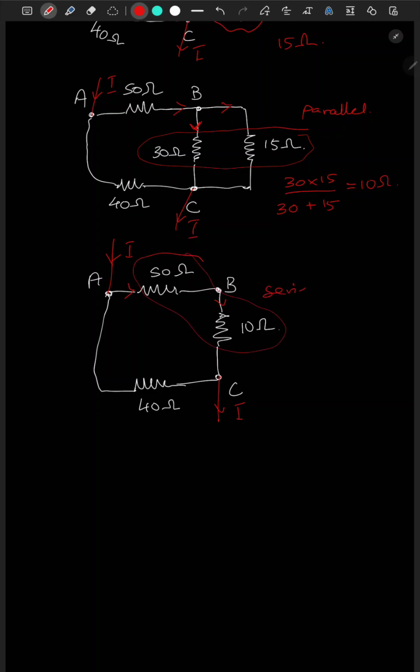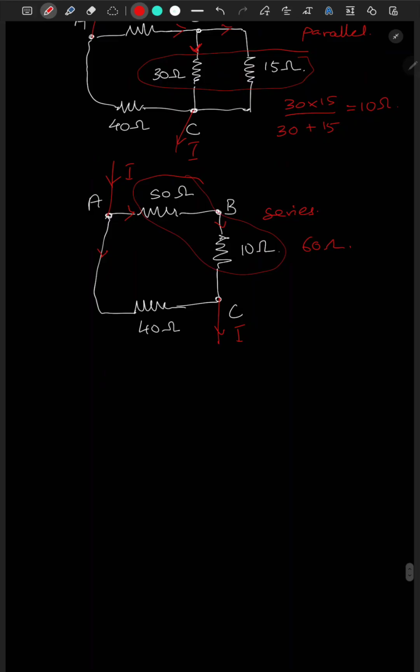So these two are in series since the same current will flow, and we have to add, so 50 plus 10 is 60 ohm, and there is another current flowing in the 40 ohm. Okay, so if we redraw this, we'll have a 60 ohm resistance and the 40 ohm resistance, and this is C and this is A.